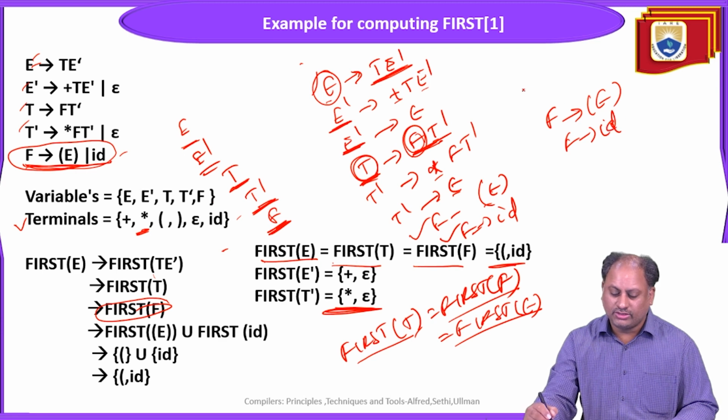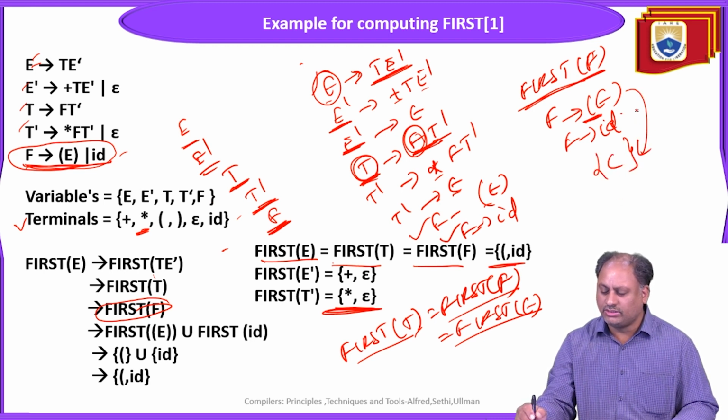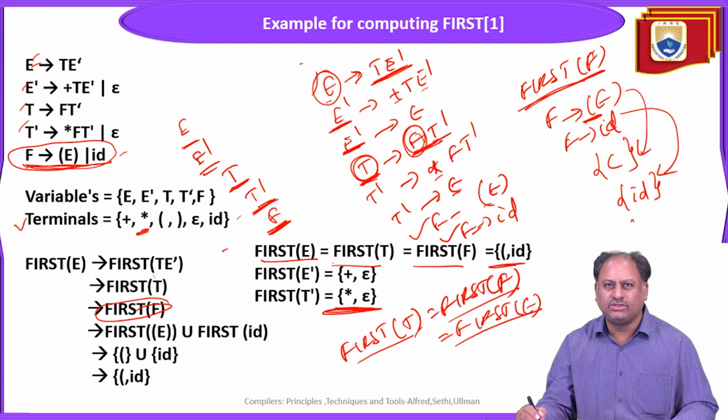So we have to compute first of F. As per the rule, we have to consider first of left parenthesis. According to the first computation rule, whenever a terminal appears, we include it as the result, so the parenthesis. And for this case, id is also a terminal.